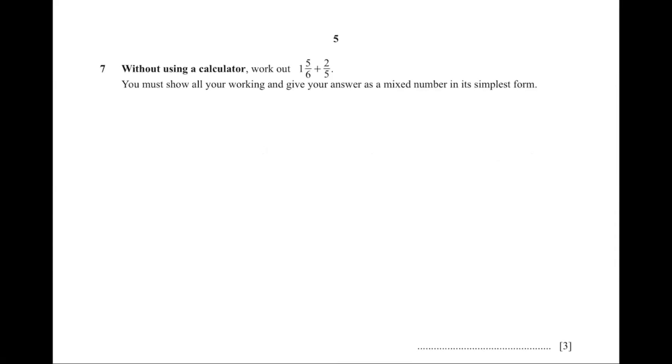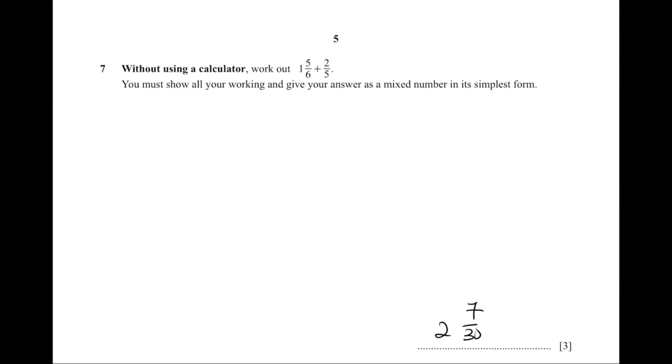Without using a calculator, calculate the answer: 1 over 5 over 6 plus 2 over 5. The answer is 7 over 30. Once you get this answer, you go to the next one. There's 2 according to working.